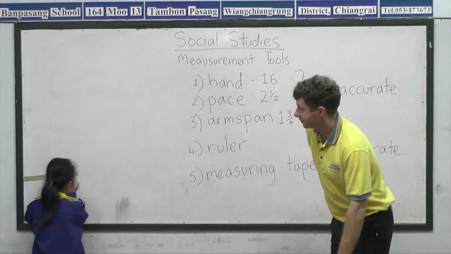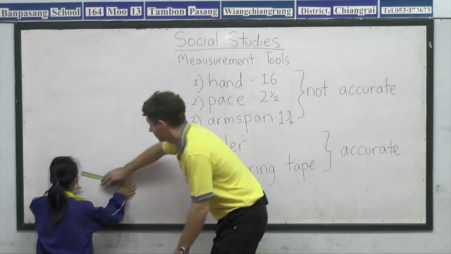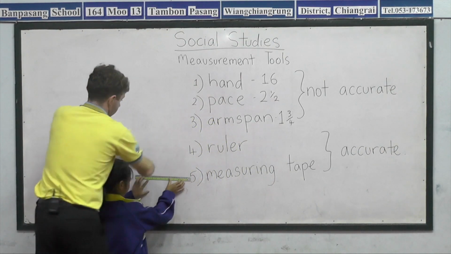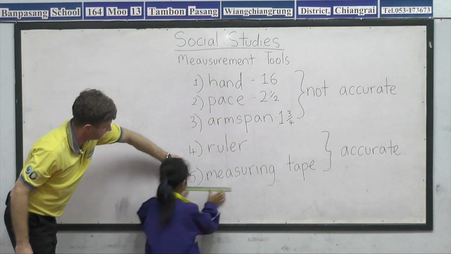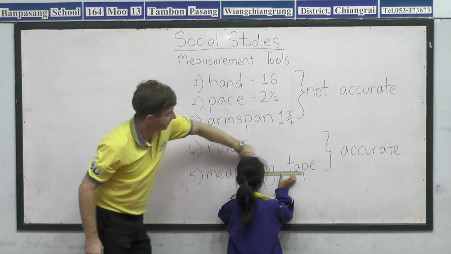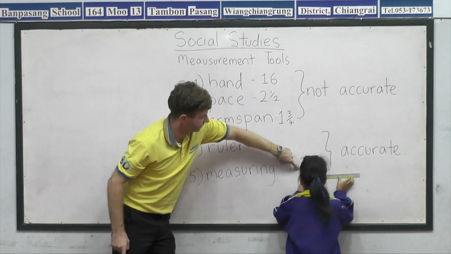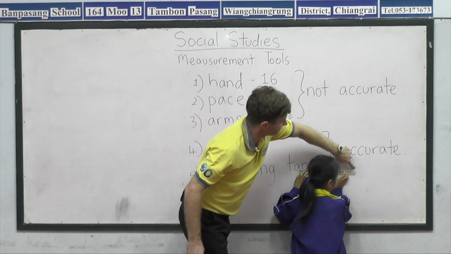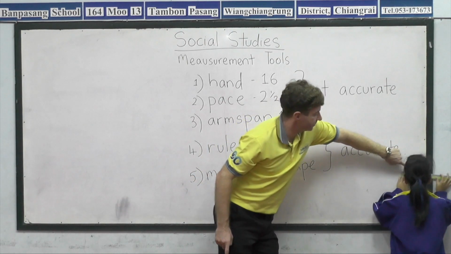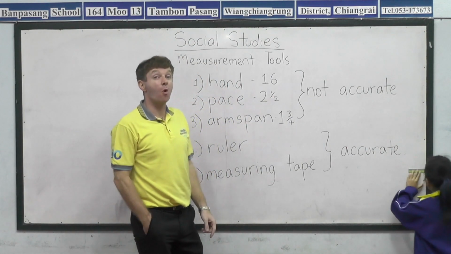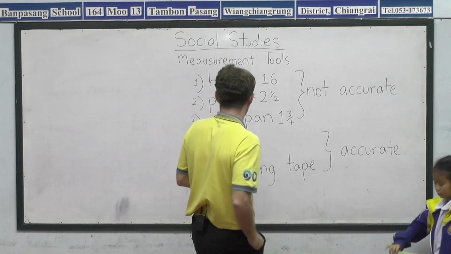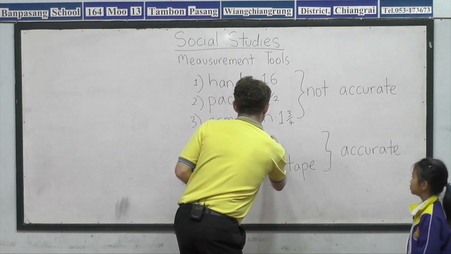1, 2, 3, 4, 5, 6, 7, 7 1/4. Okay, so we can say 7 1/4 rulers.